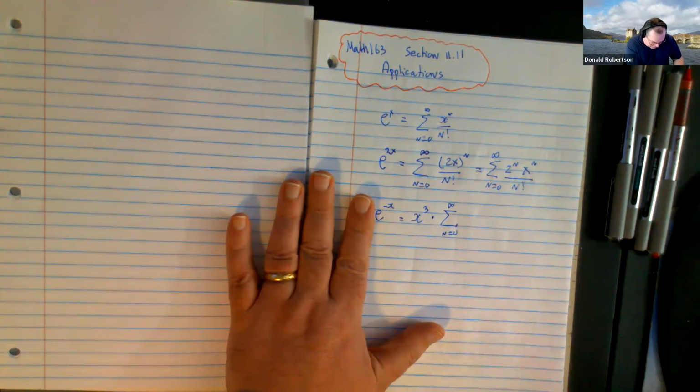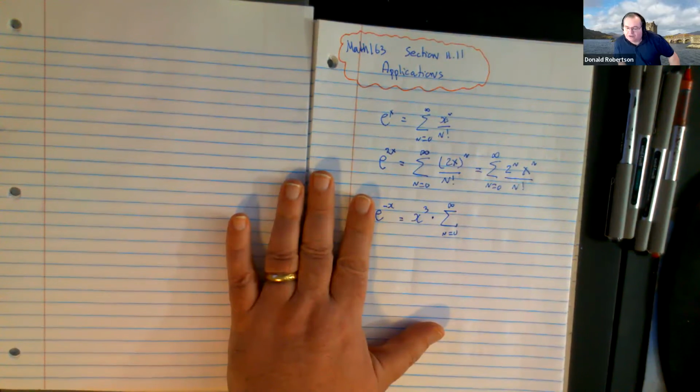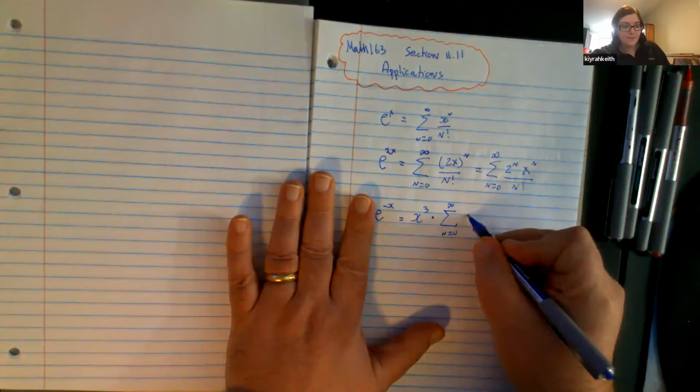What will I replace this x by to get the power series for e to the power of negative x? Just negative x. Right. Think substitution.